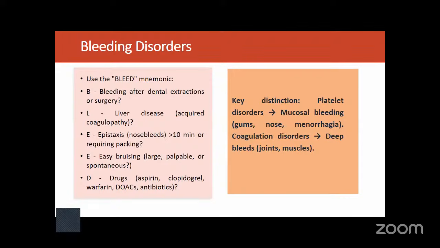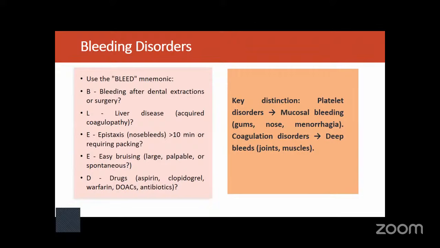As I said, platelet disorders are associated with mucosal bleeding, gums, nose. Patients can develop menorrhagia, and sometimes the patient can tell you that over a period of time their period has been quite heavy, and you want to quantify that heaviness, maybe in terms of the number of pads they use. Then the patient can develop amenorrhea, especially when they eventually develop the anemia.